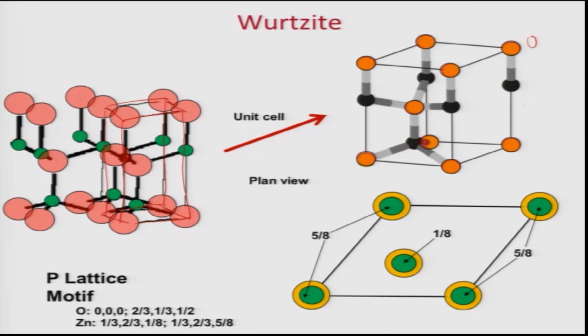This is the position of oxygen atom, and zinc is present at 1 by 3, 2 by 3, 1 by 8, and 0 0, 5 by 8. This is a typo here, it's along the edges. Okay. So, this is the wurtzite structure compound, where all the materials which make this structure will follow this structure.